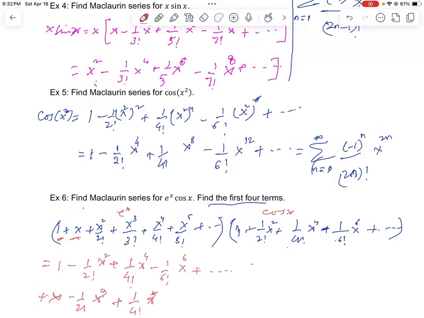And then minus 1 over 6 factorial x to the 7.